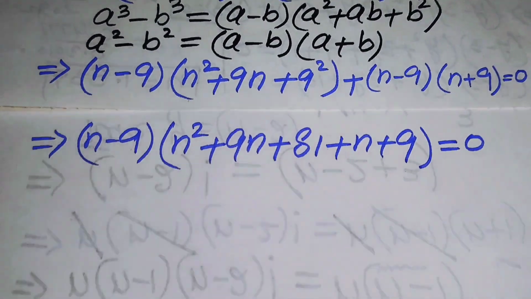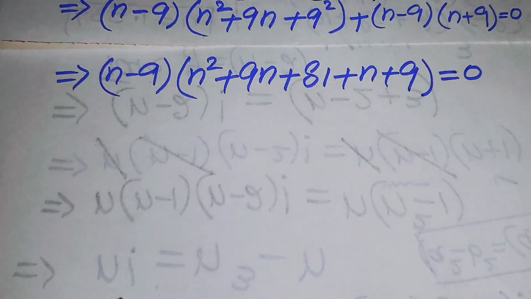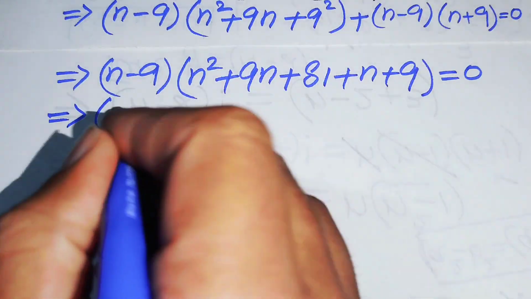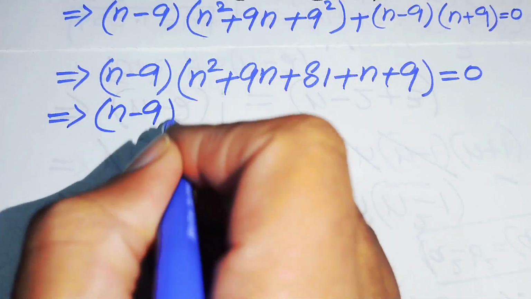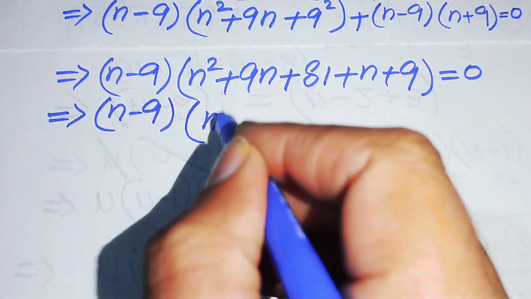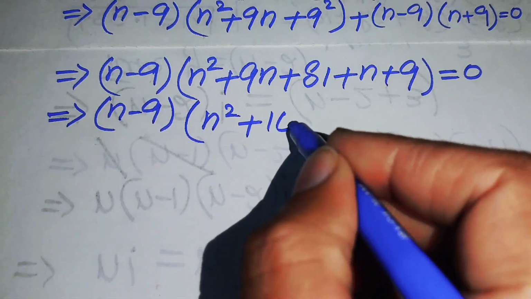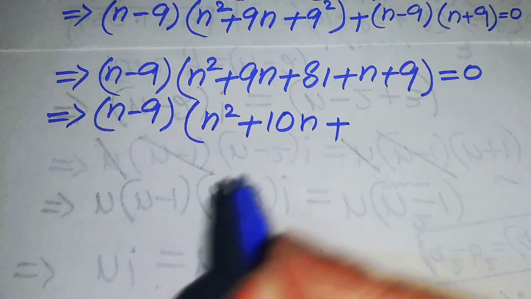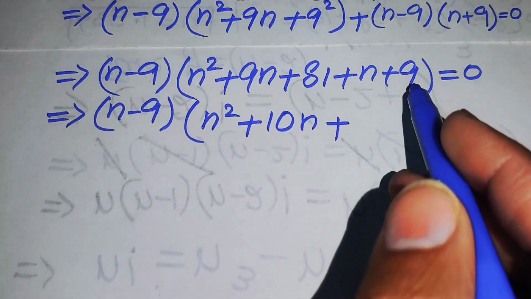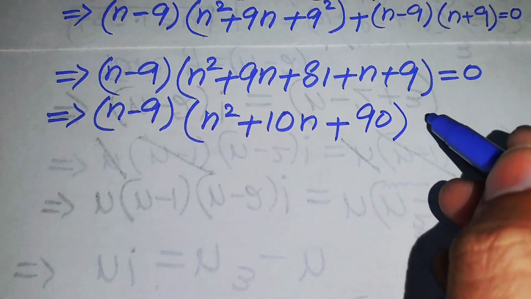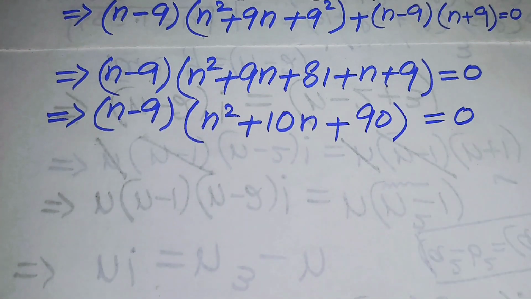In the next step we need a little bit of simplification. So we take n minus 9 times n squared plus 9n plus n, which equals 10 times n, and plus we have 81 plus 9 equals 90, and this whole equals 0.